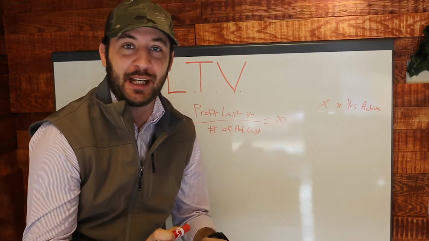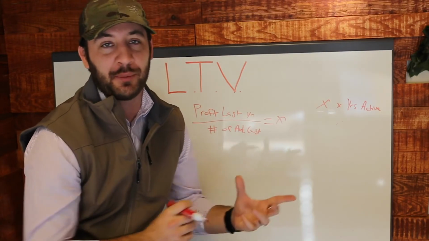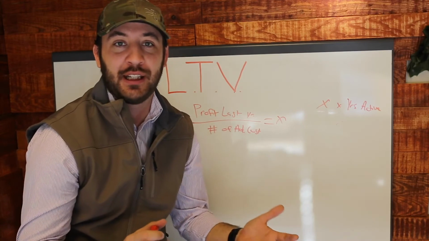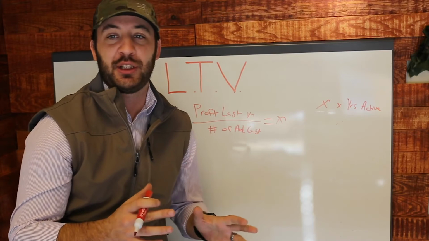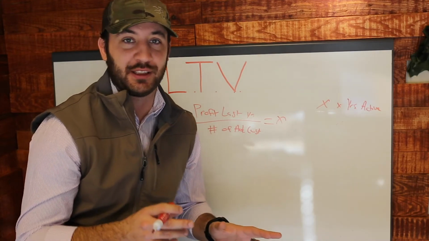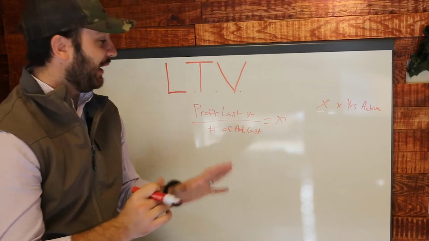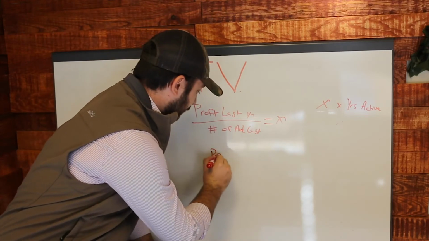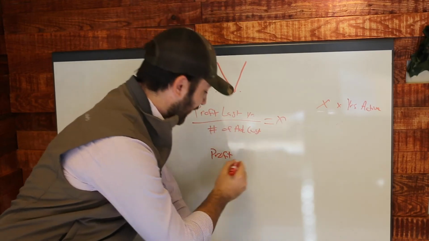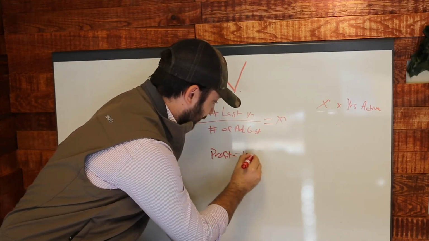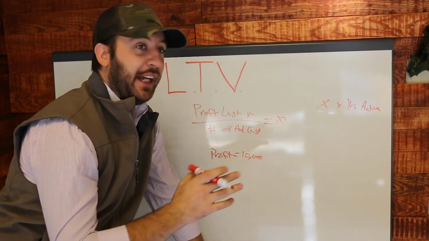I want to give you an example of how this equation is done. I'm going to pull some made-up variables out just so I can show you how the math works out. Essentially, it's that same thing we just went over. Let's say your profit for last year equals $10,000.